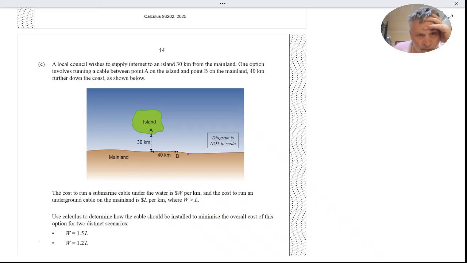under the water. So the shortest distance, obviously, between 2 points is the straight line. That's a well-known statement for our normal sort of geometry. But because it costs more under the water, it could be better to go, well, it will be better to go some distance down here before we go up here.